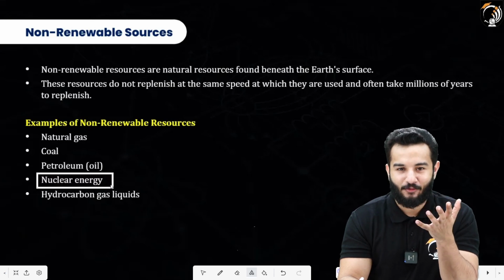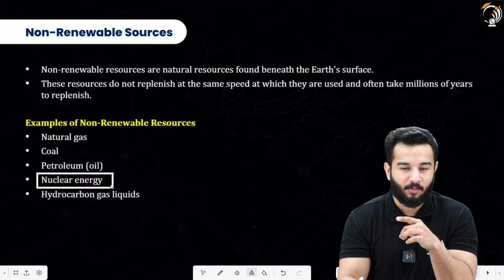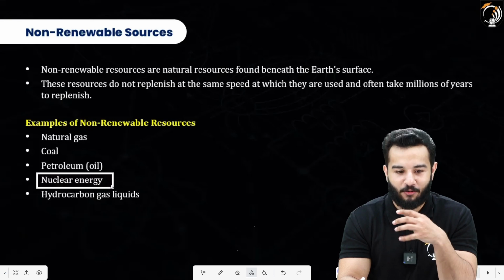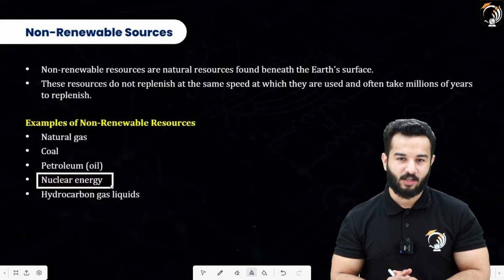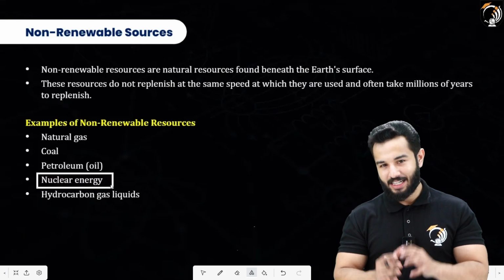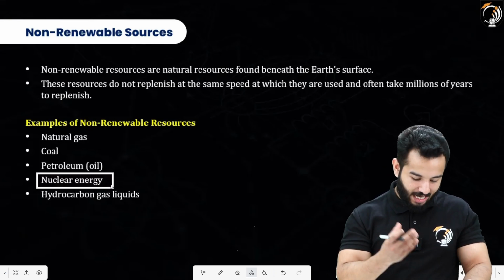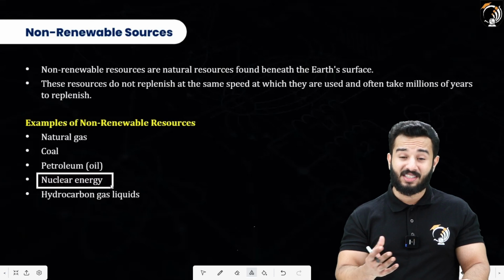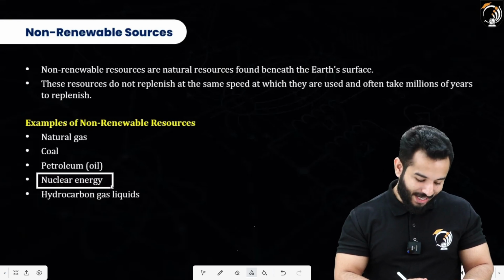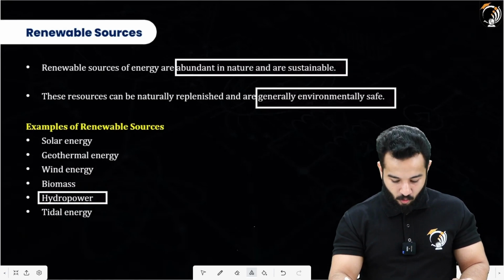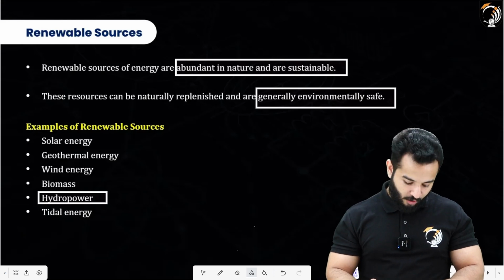The reason is that, we know, disposing of nuclear waste is quite difficult, but please remember that for making a hydropower plant, you have to reclaim a large amount of land which was a part of a natural ecosystem. So that is also not that eco-friendly. Other than that, obviously natural gas, coal, petroleum, and hydrocarbon gas liquids are extremely dangerous to the environment. That's why we have said that generally the renewable energy sources are safe. So hopefully now you have got this concept.